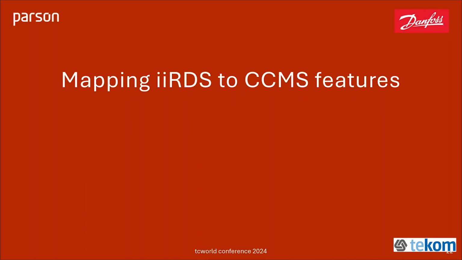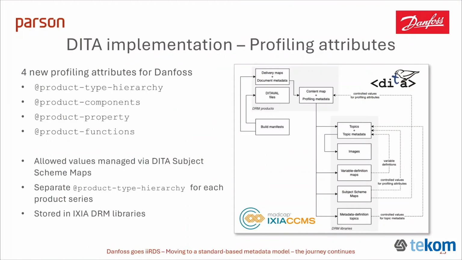So, which iiRDS components were mapped to which CCMS features? The profiling attributes, as I've already talked about, were implemented as a specialization to the DITA schema for Danfoss. We created four new profiling attributes so that the profiling attribute values could be defined and managed with another DITA mechanism called subject scheme maps.